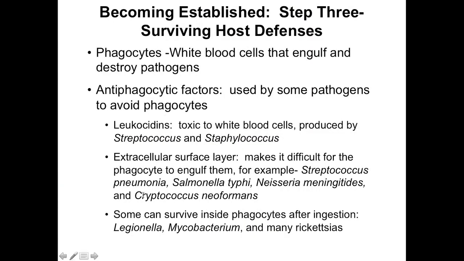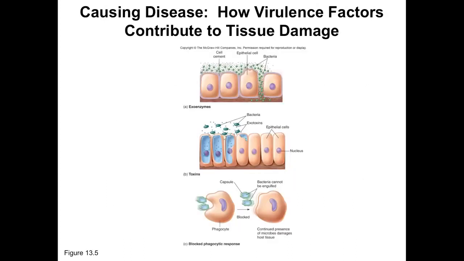Things like Legionella, Mycobacterium, and many rickettsial organisms. Tuberculosis is a prime example of this. It becomes phagocytosed by macrophages, which are phagocytes in the blood supply. Here they stop the fusion of special lysosomes in the macrophage that would normally digest them. By stopping this fusion, they stop the digestion process, and then they just hang out inside the phagocyte.